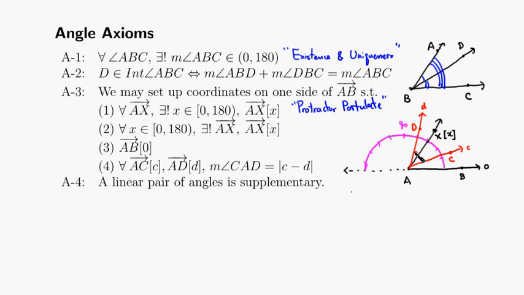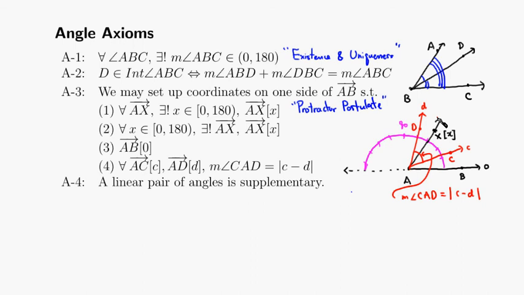Then the measure of the angle CAD can be determined by the positive difference between the coordinates. So that's what it says. The measure here is determined by the positive difference between the coordinates.